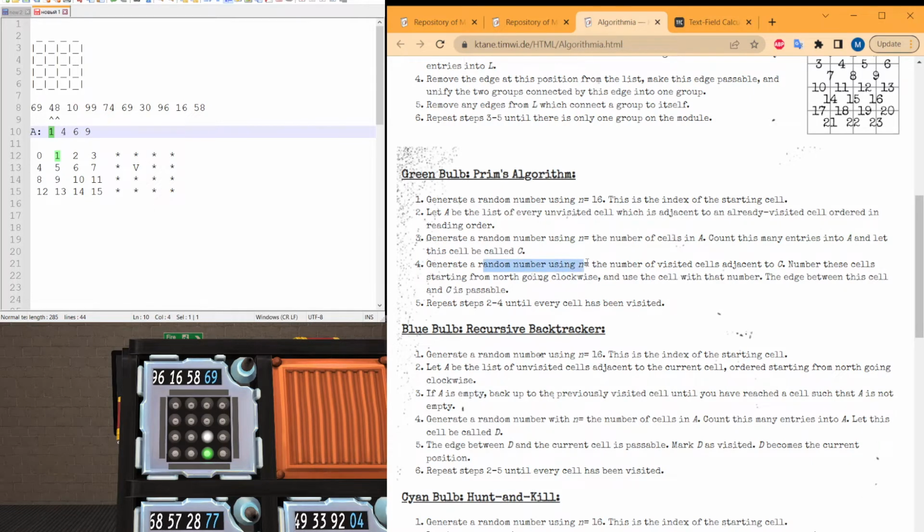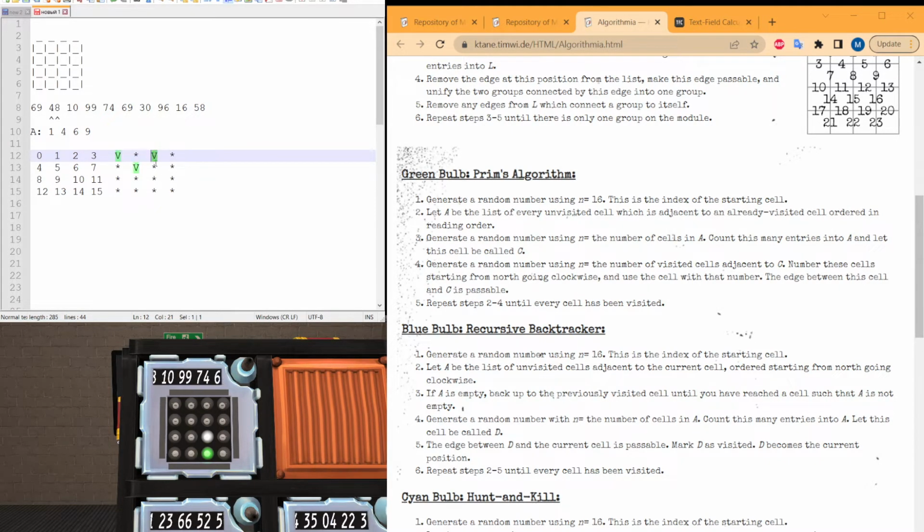Now we're going to look at how many visited cells are adjacent to C. In our case, it is only 1. So if it would, for example, be 3, we would look at all these visited adjacent cells, and starting from north, going clockwise, we would number them in order.